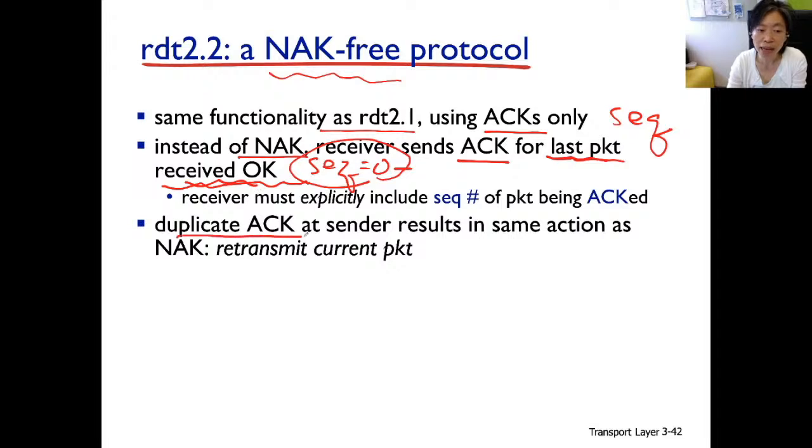Having a duplicate acknowledgement at a particular sequence number indicates that the next data packet the sender just sent out was corrupted. A negative acknowledgement in a way. So receiving a duplicate is essentially signaling the sender that a NAK was sent. So the sender will have to retransmit the packet that was last sent.